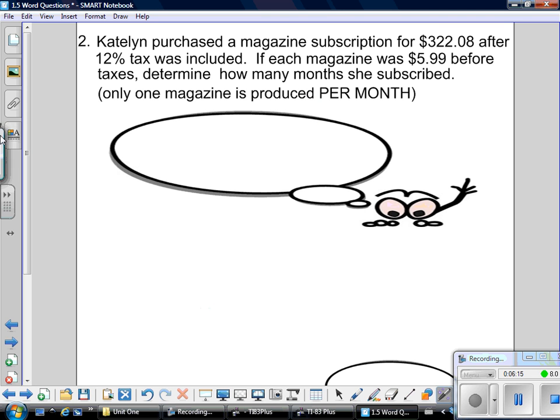So again, there's more than one way to do a lot of these questions, but what is my brain thinking? Well, first of all, my brain's thinking this 322 and 8 cents. That is the cost of the magazine plus the tax. I also know that one magazine equals $3.99 plus tax.